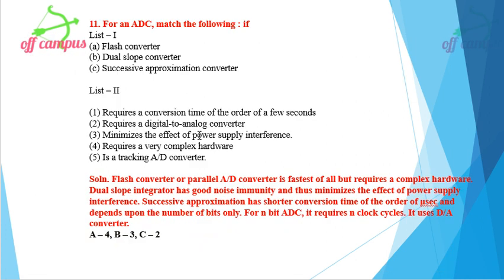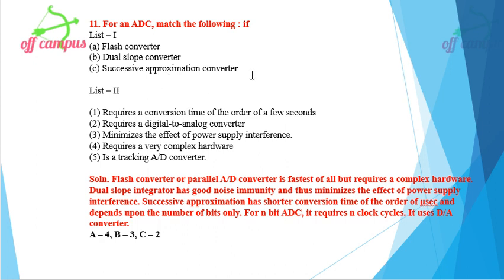Then next one. Here, given question number 7, for an ADC, match the following. List 1 and list 2 are given, we need to match list 1 with list 2. First of all, what types of ADC are given? Flash converter, dual slope converter, successive approximation converter.